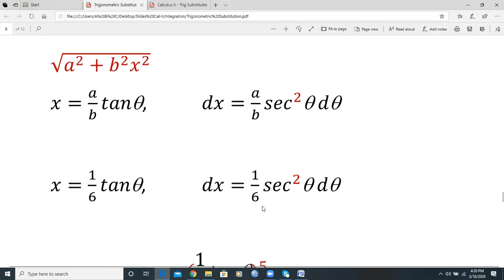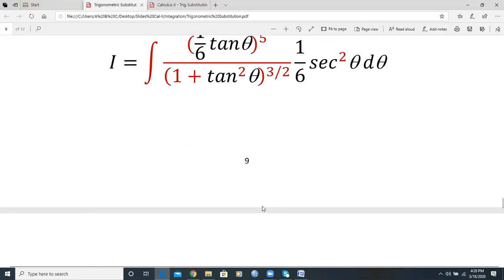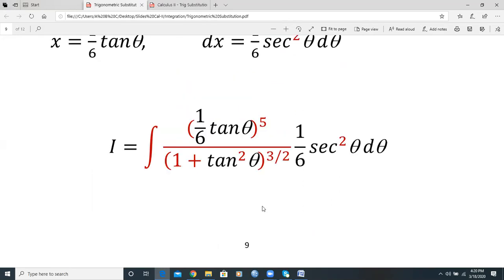Finally, when we make the substitution, our integrand becomes x to the power 5, which is 1 over 6 tangent theta to the fifth, and here we have 1 plus tangent squared theta to the power 3 by 2. We simplify here.